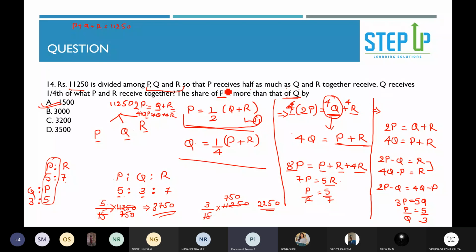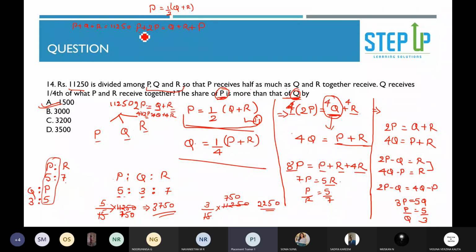So you have this equation, right? Let me name it as equation 1: P is equal to 1 by 2 of Q plus R. So if you see, this is 2P is equal to Q plus R, right? I need to calculate the share of P is more than that share of Q. So if I get the share of P and share of Q, I'll be good enough, right? So what I'll do, I'll add P here.